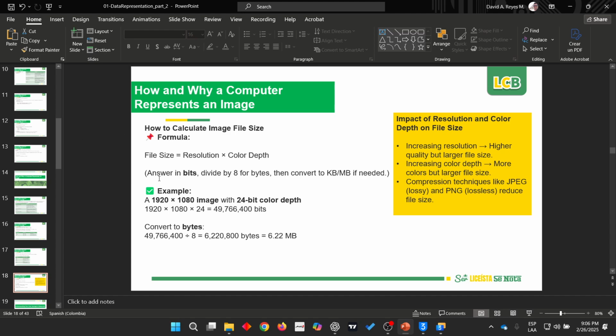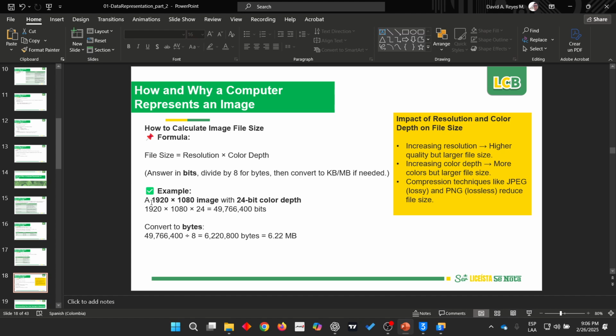Here we have an example. We have an image of 1920 width times 1080 height. That is the size of the image, and that image has 24 bits of color depth.